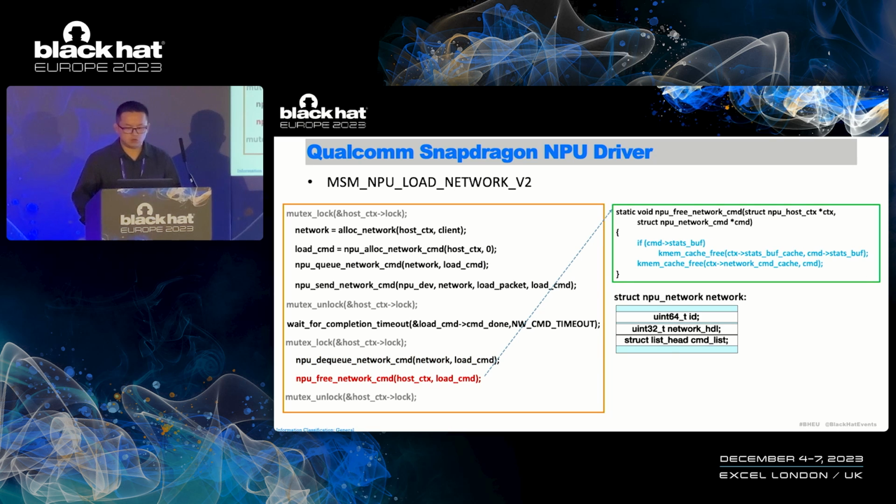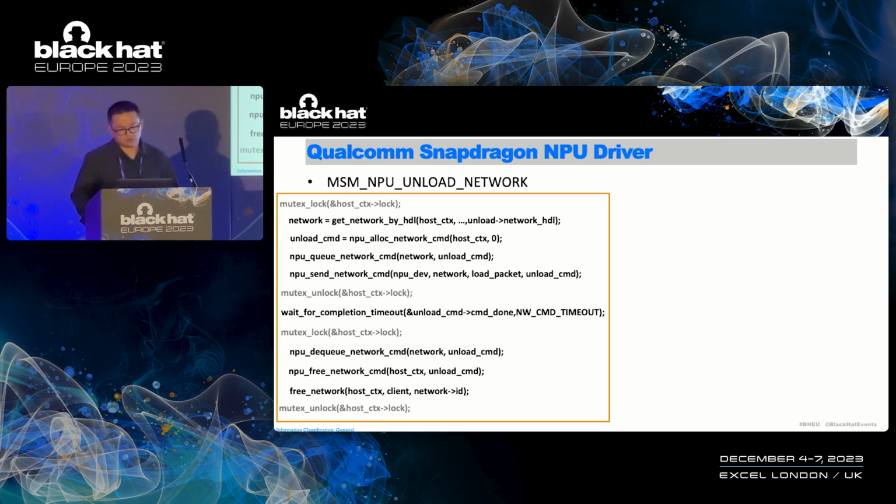After the dequeue operation, the load command will be released by kmem cache free. And if the stateBuf field of it is valid, the stateBuf will also be released by kmem cache free. After all these steps, the command MPU load network v2 is completed.